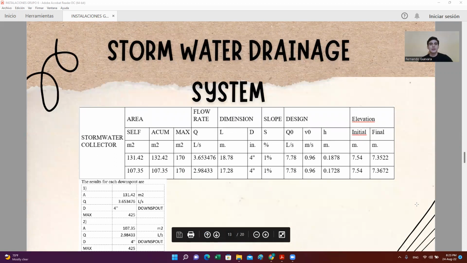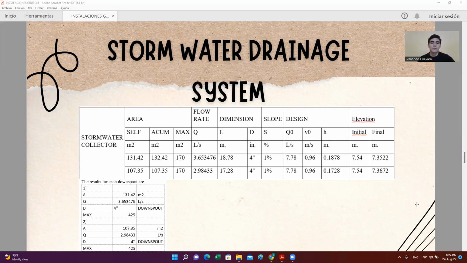We can see here for the stormwater drainage system that the roof was divided into 2 areas. The first of 131.42 square meters, from which it was obtained that the flow is 3.65 liters per second with a slope of 1%.